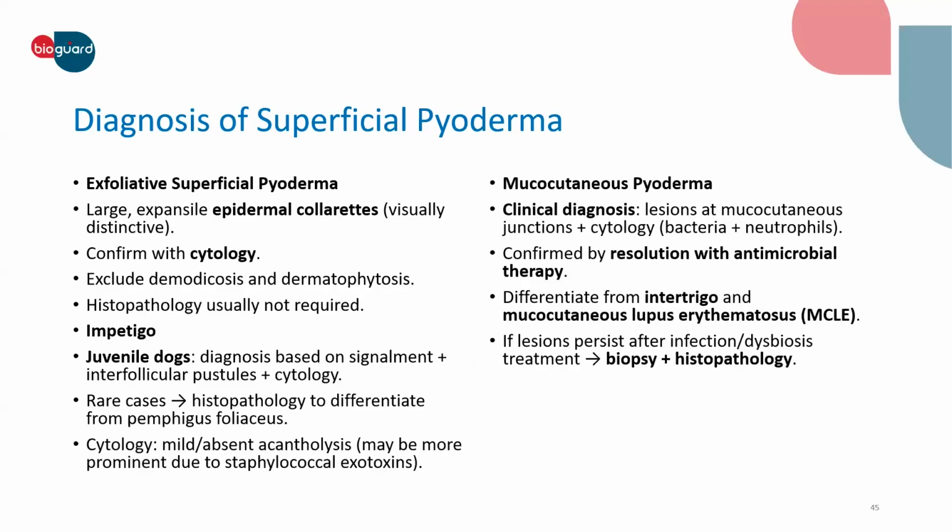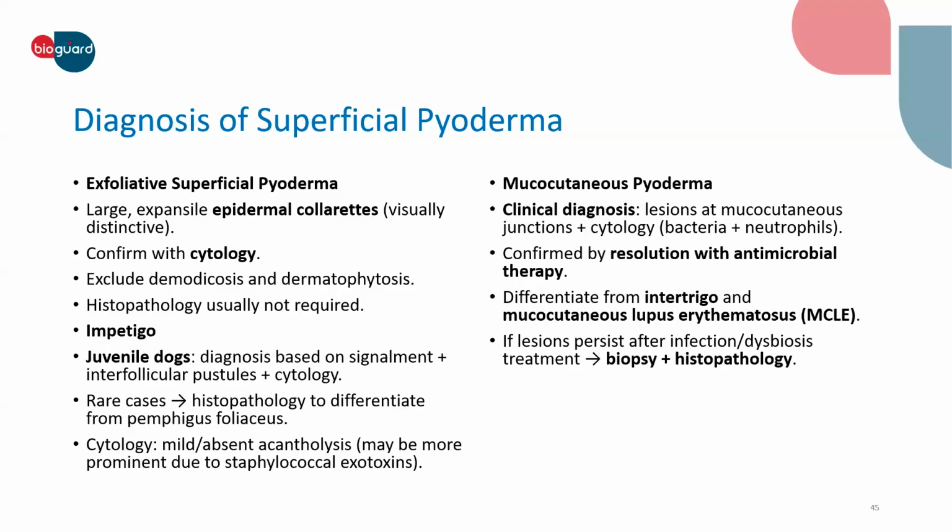So for diagnosis of superficial pyoderma, the active superficial pyoderma is usually large. It shows epidermal collarettes, and it can be confirmed by cytology. And we need to exclude demodicosis and dermatophytosis. Histopathology is usually not required.